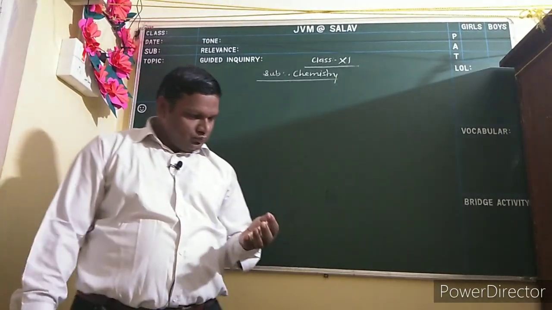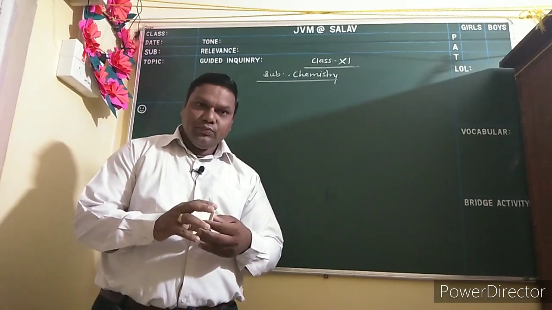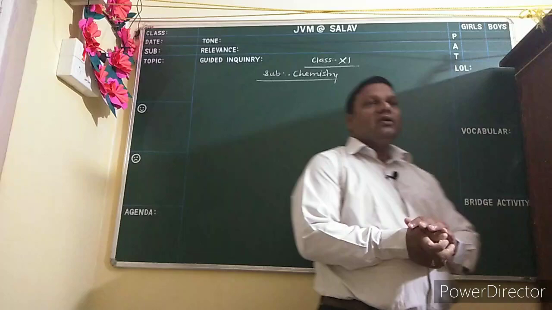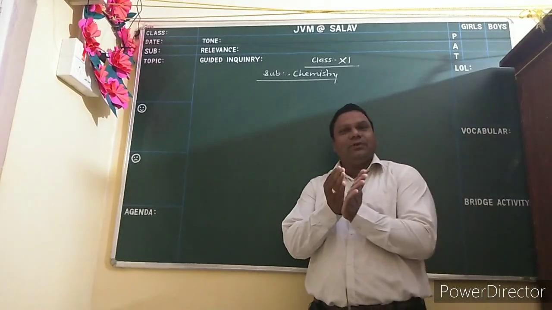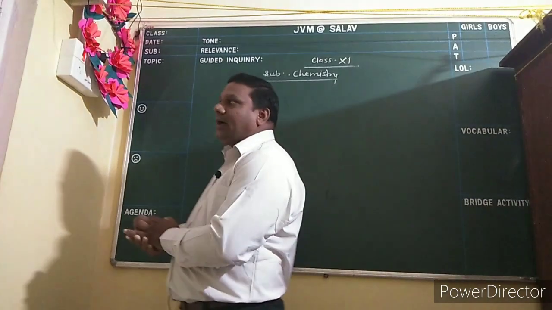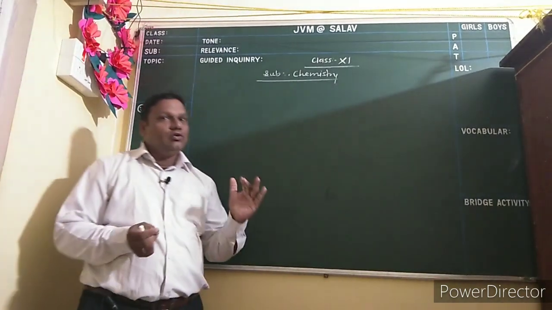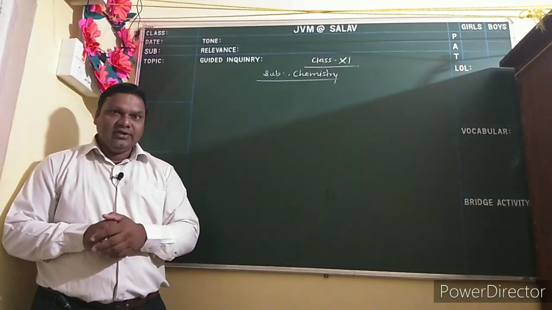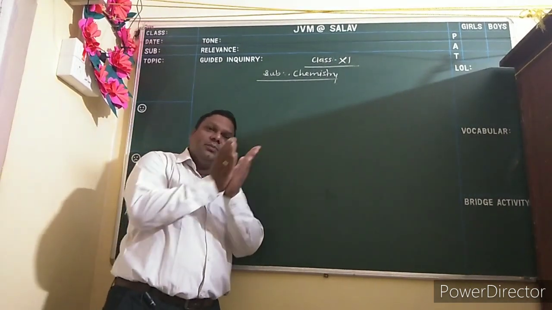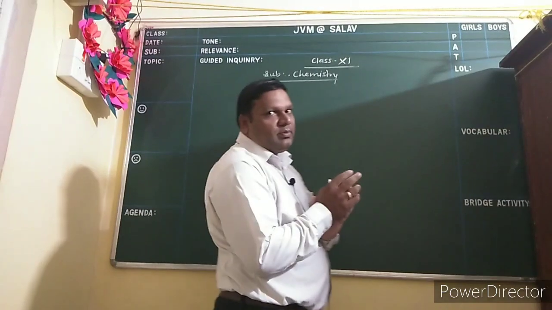Now this year, you know very well, you have these main three subjects. Science will be classified into three main subjects: physics, chemistry and biology. Up to class 10 you only studied the science subject, and inside it you had some part of chemistry, some part of physics and some part of biology.